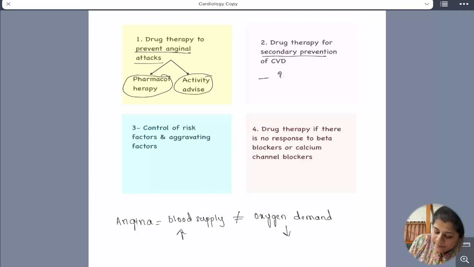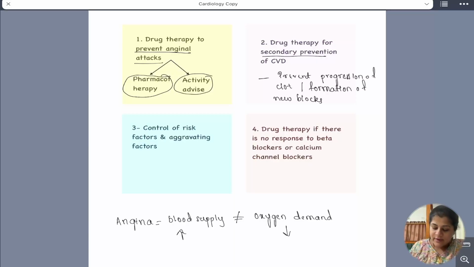Here you prevent progression of the clot or blockade, or formation of new blocks. Third, there are certain risk factors like hypertension, increased LDL cholesterol, and smoking.